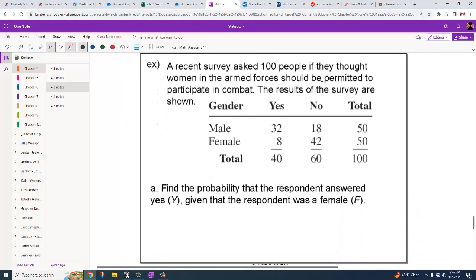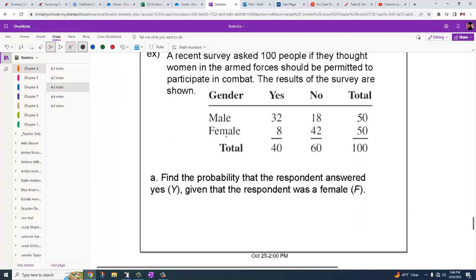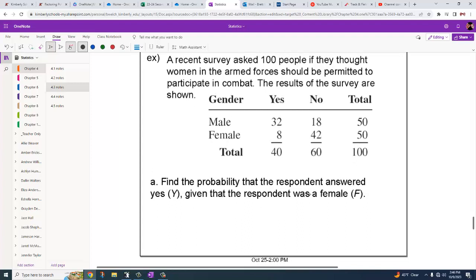A recent survey of 100 people asked a question. Find the probability that a respondent answered yes, given that the respondent was female. So what this tells me is we're doing the probability of yes, given that F has occurred.